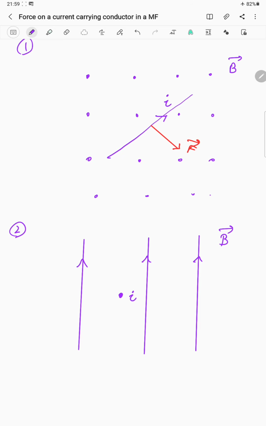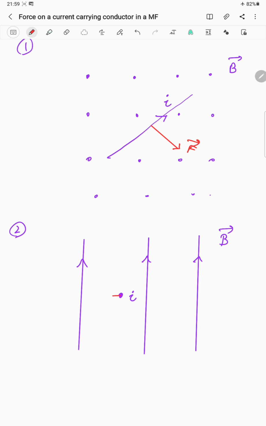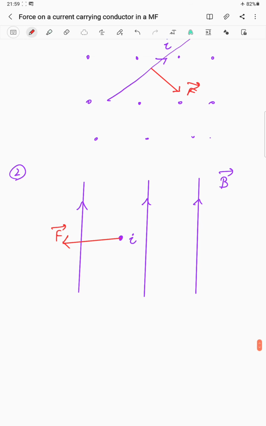So you extend all your fingers out of the plane of the paper and curl the 4 fingers towards the direction of the magnetic field. Where is the thumb direction? The thumb direction will be towards the left, and that will give you the direction of the force. I hope this makes it easier to find the direction of the force. Same right hand thumb rule, A cross B is equal to C. Using that principle we can do it.